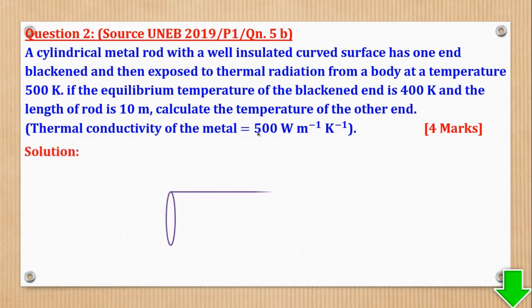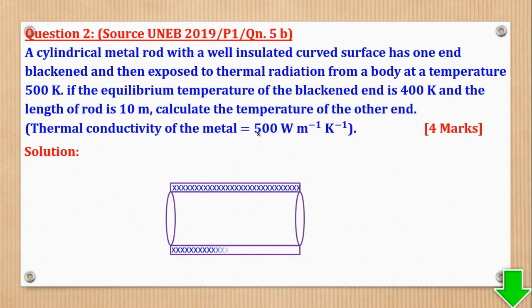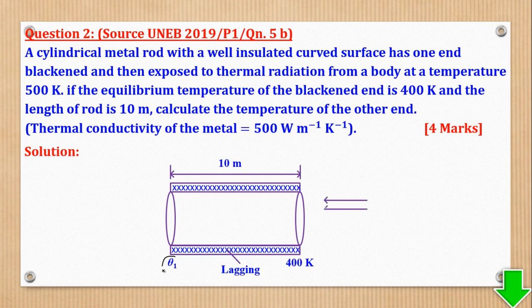So still here we shall make a sketch. They said it is well insulated, so that is the insulation. It has temperature at the ends, theta 1 and 400 Kelvin.